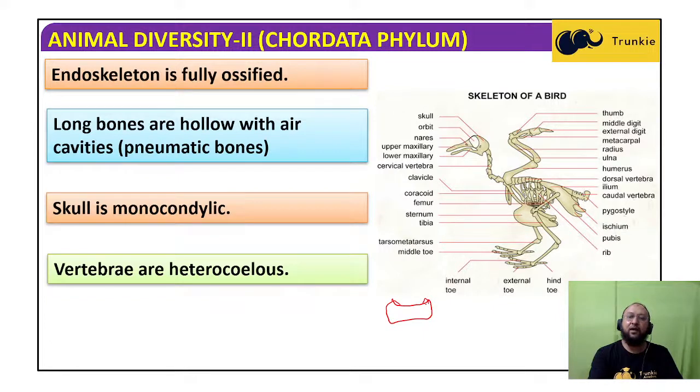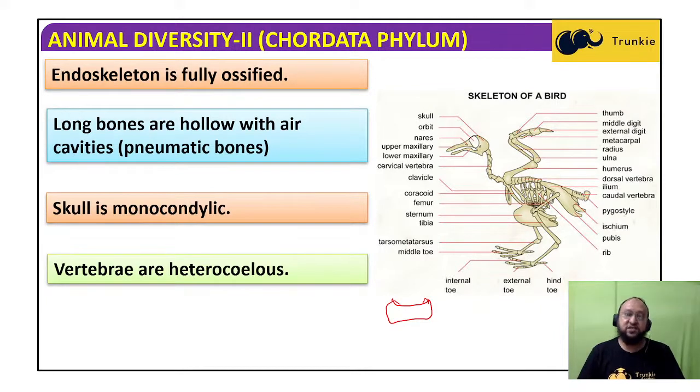There is an elevated structure on the first vertebra that fits into two small depressions in the skull, that is called dicondylic. But in birds, only a single elevation on the first vertebra, the atlas vertebra, is found, and that fits with one single depression in the skull, monocondylic.